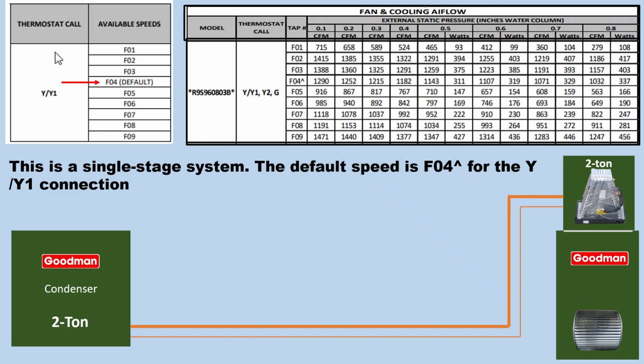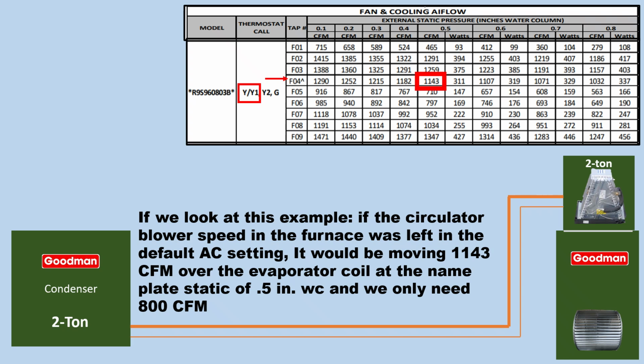This is a single stage system. The default speed is F04 for the Y/Y1 connection. If we look at this example, if the circulator blower speed in the furnace was left in the default AC setting, it would be moving 1,143 CFM over the evaporator coil at the nameplate static of 0.5 inches of water column, and we only need 800 CFM.